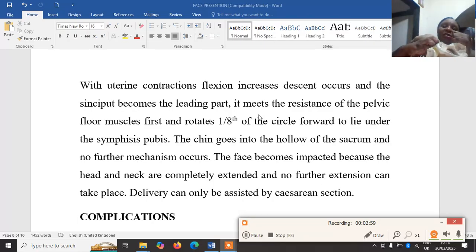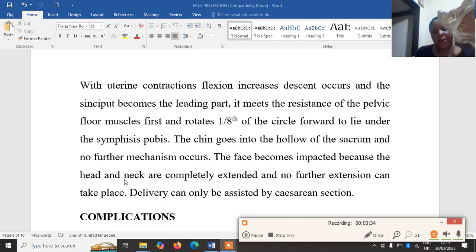And as it tries to rotate, the chin is caught up in the posterior aspect of the pelvic cavity. And by this, the sinciput is slightly lower than the mentum due to the rotation. But again, because the chin is trapped up in the pelvic cavity, no further rotation occurs. So this baby is caught up.